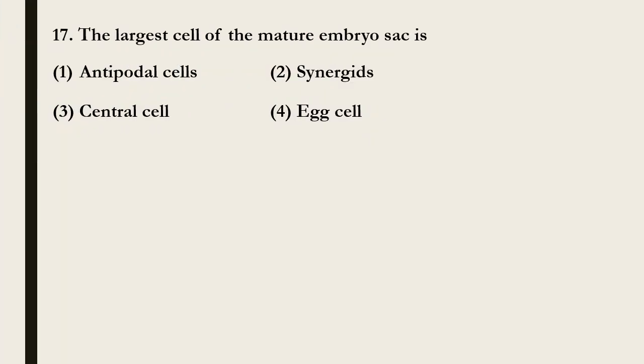Question number 17. The largest cell of the mature embryo sac is: option 1 antipodals, 2 synergids, 3 central cell, 4 egg cell. Let's see the embryo sac diagram. In the embryo sac, 3 cells are present at the chalazal region, that is antipodal cells.